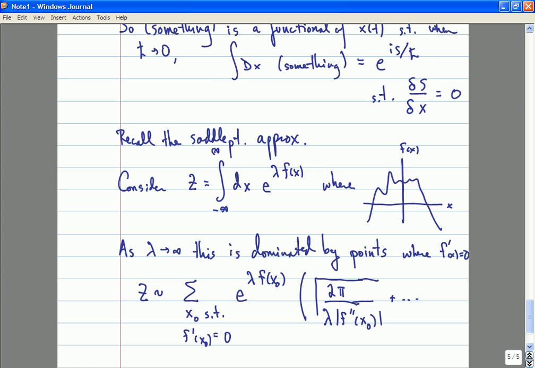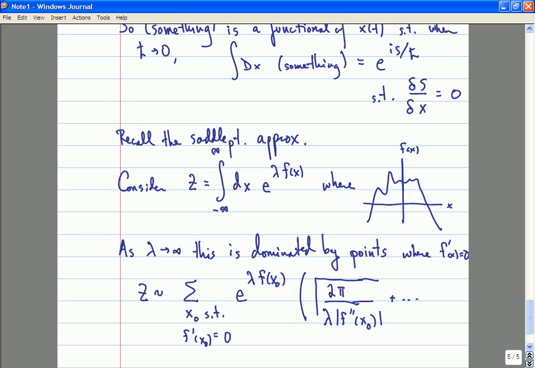I'm including a sum over all points where f prime is equal to 0, because in some cases, formally, when you're considering path integrals, you would want to consider such things. But whenever you do, you need to take into account the fact that they're highly subleading. In the context of quantum mechanics, we often are able to give a physical interpretation to those subleading saddles as well.